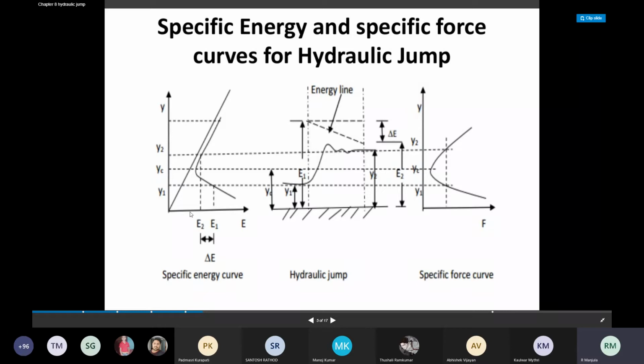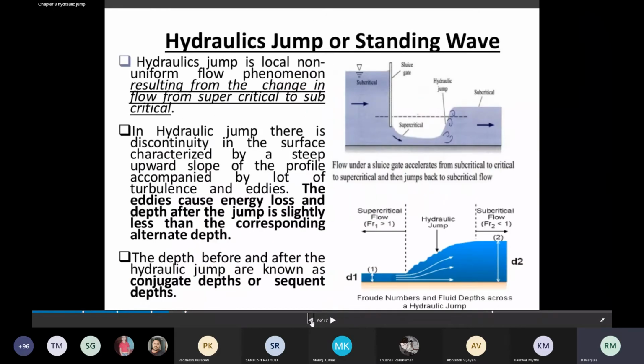And whatever this YC is, it is nothing but your critical depth. You can see the hydraulic jump phenomenon here. Here is your initial depth, Y1. This Y2 is your final depth. This is going to be your Y1. Here the flow is critical.